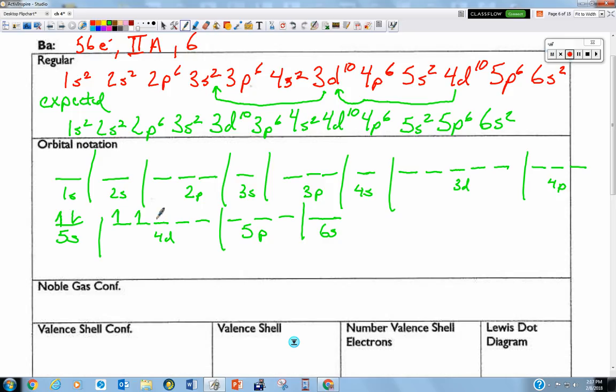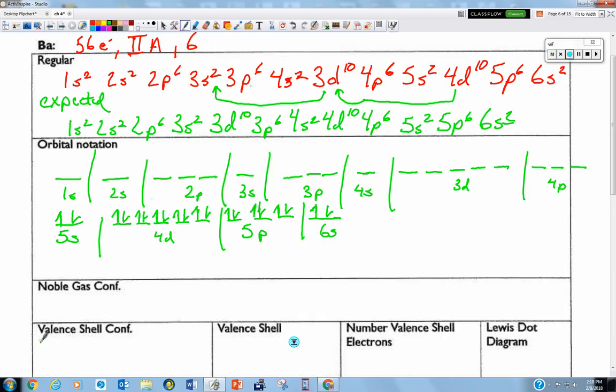We would fill all of them in the up, then in the downs. Up, up, down, down, down. All right, now, once we get to 6S, this one is full, but I still fill up, then down. And then that is that.